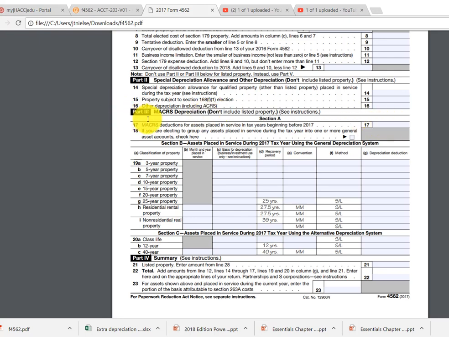So notice, MACRS deductions for assets placed in service in tax years beginning before 2017. This is only for new assets bought in 2017. You put them by class: 3-year, 5-year, 7-year, 10-year, 15. Most everything is going to be 5 or 7. Residential real estate, non-residential real estate. And if you want to use the ADS system, you put them down here. You put the amount that you're going to calculate depreciation with.